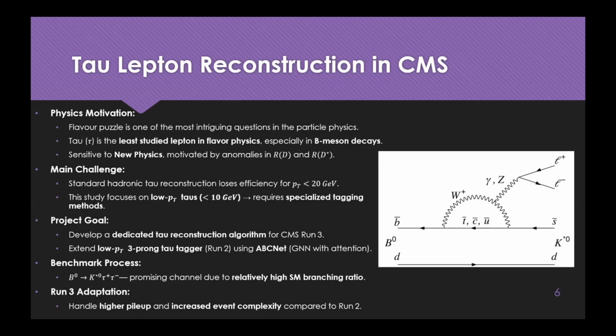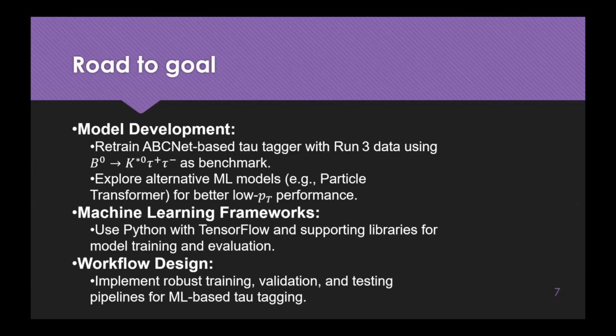A benchmark process for starting taus is B0 decay, and for Run 3 adaptation, we'll handle higher pileup and increased event complexity compared to Run 2. So we increase background and it starts to distinguish our decay harder and harder.